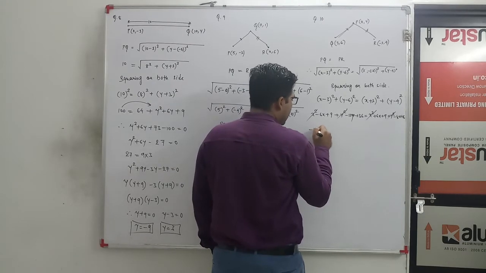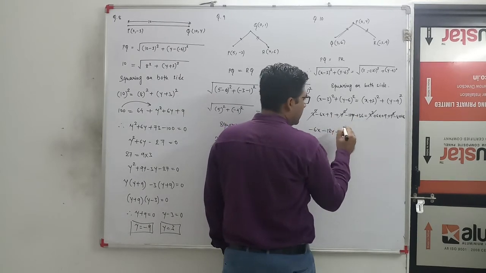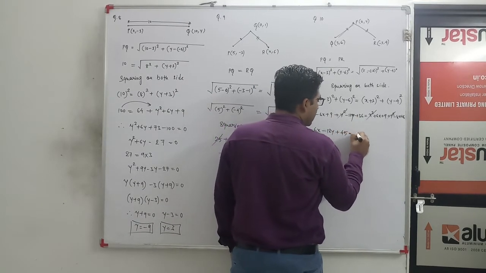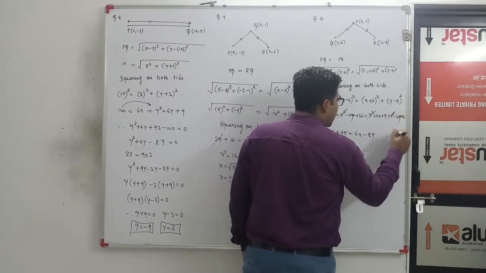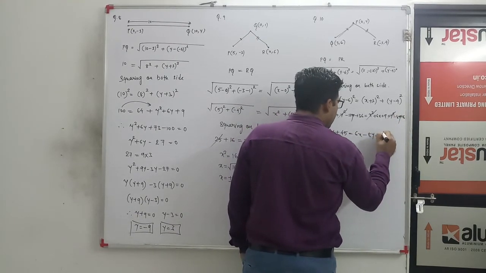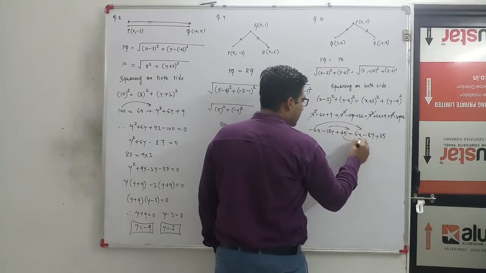Now what I got: minus 6x minus 12y, and 9 plus 36 becomes 45. On the other side, 6x minus 8y is equal to 16 plus 9, that is 25. Now I will shift all these terms to the other side.